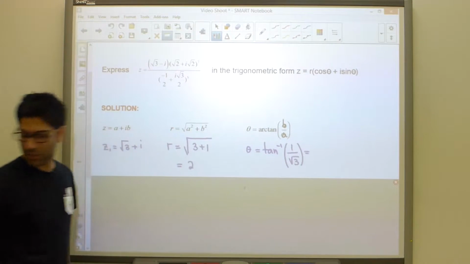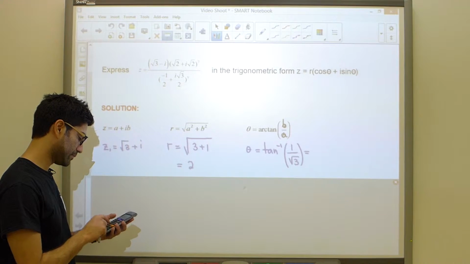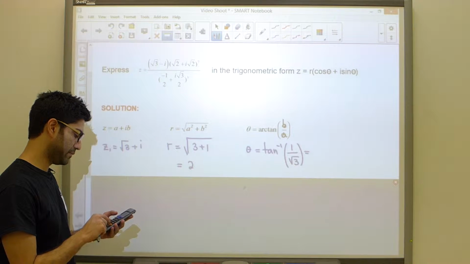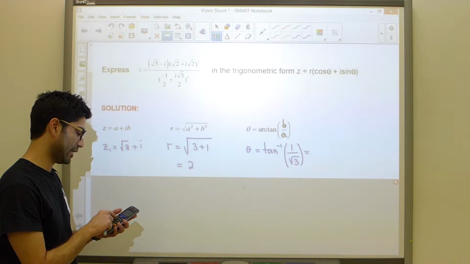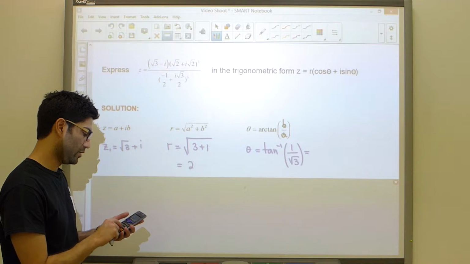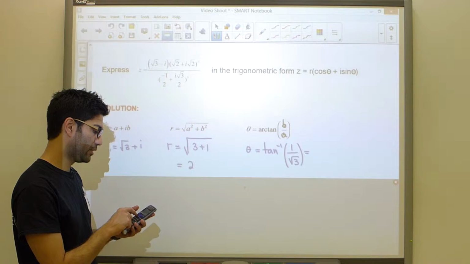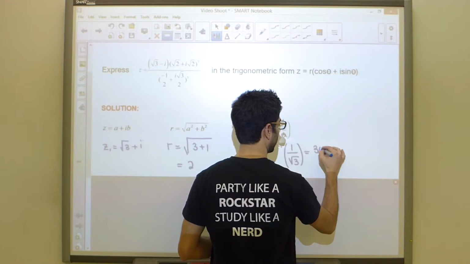Now, you're going to do this in your calculator, and you'll discover the answer. And understand that when you do this in your calculators, it only gives you the correct answer, guys, like 50% of the time. So you have to be mindful of that. Understand that you're going to have to fix your answer the majority of the time.